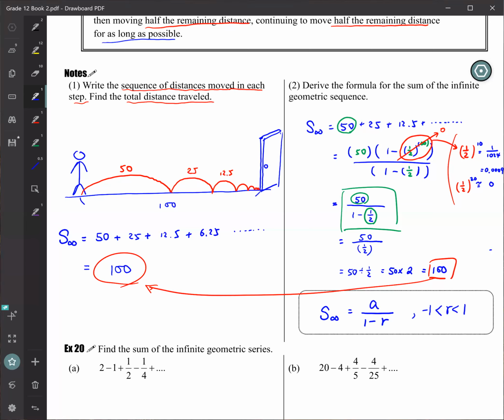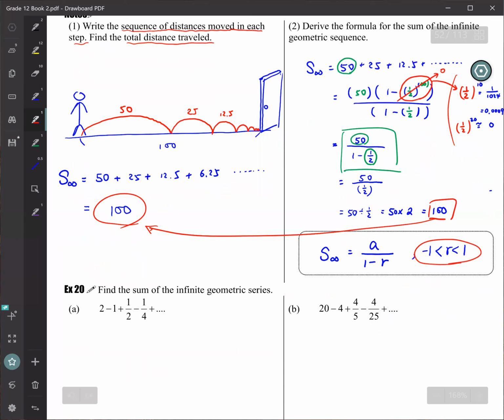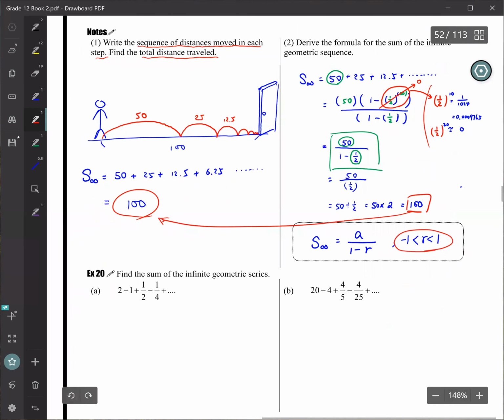So it has to be between -1 and 1 for it to work. If it's not in between -1 and 1, then you say the sum does not exist. So I need you to make a note of this part.